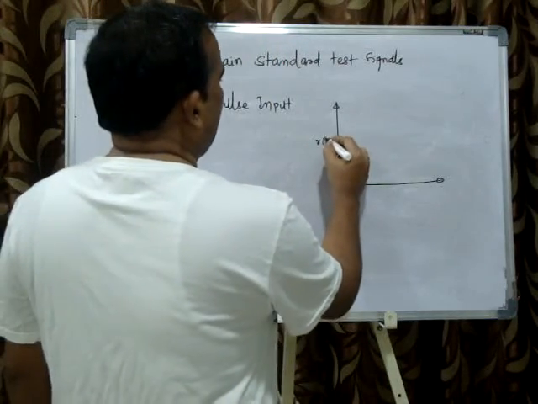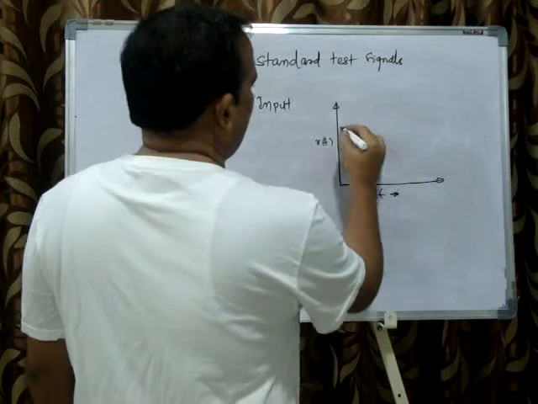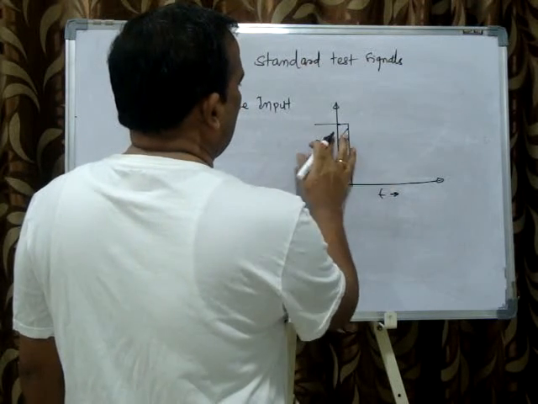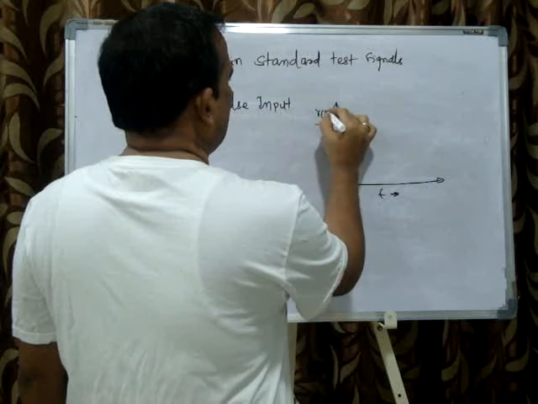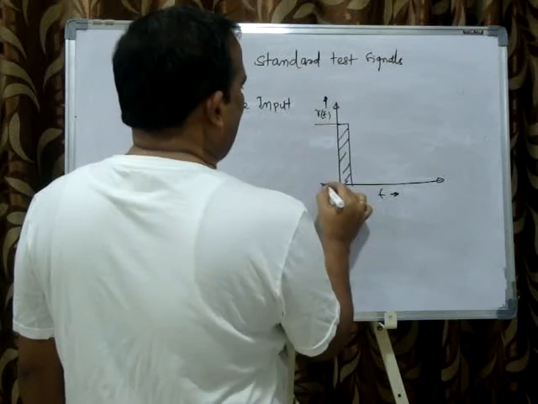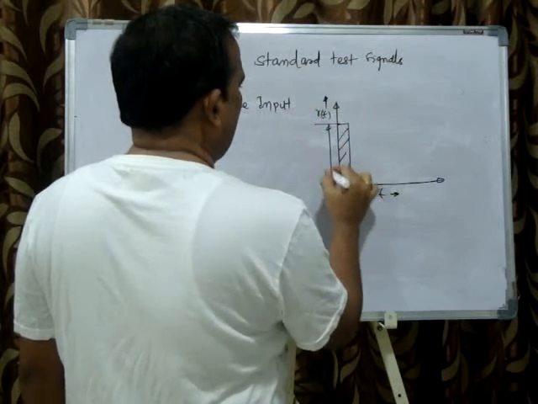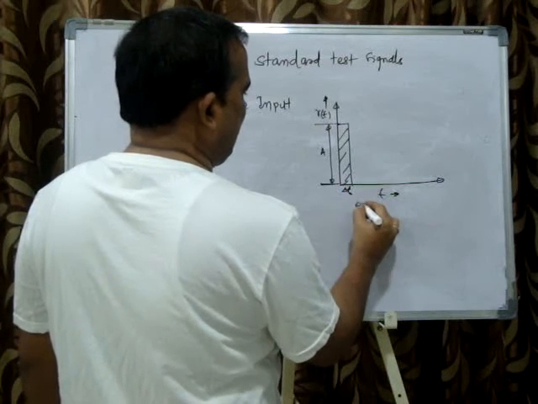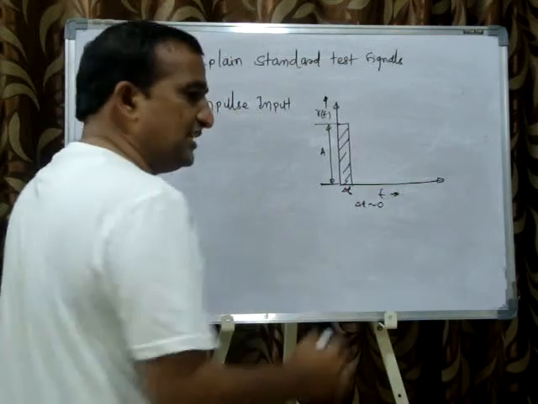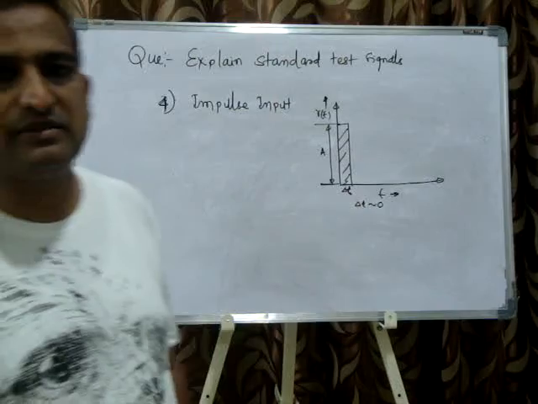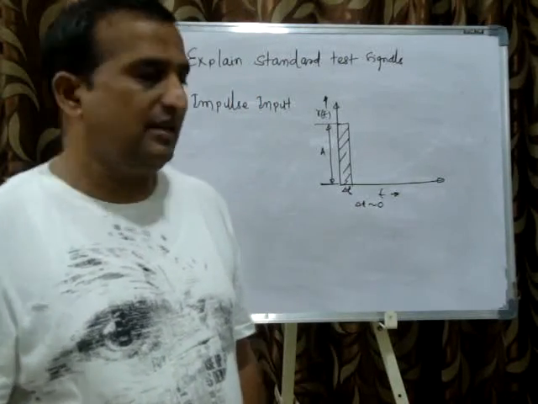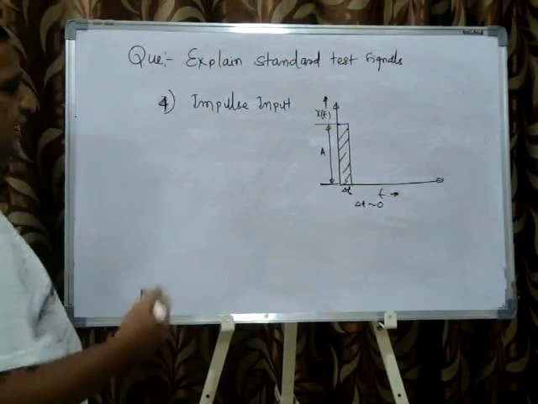So here R of t and t, here large force A is called a large magnitude. It may be force, it may be voltage, for a shorter period of time, because delta t is nearly 0, not exactly 0, nearly 0, 1 second, 2 second. So that is t tending to 0.